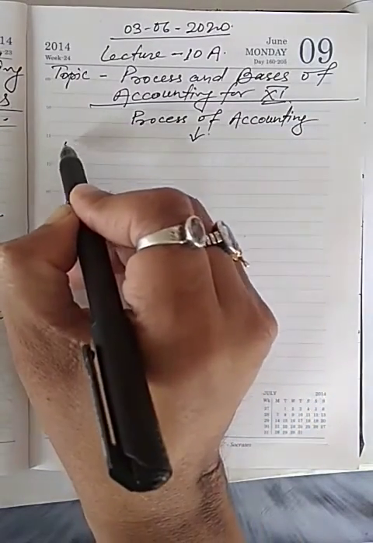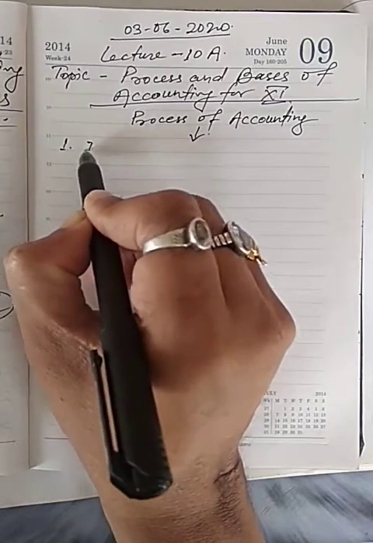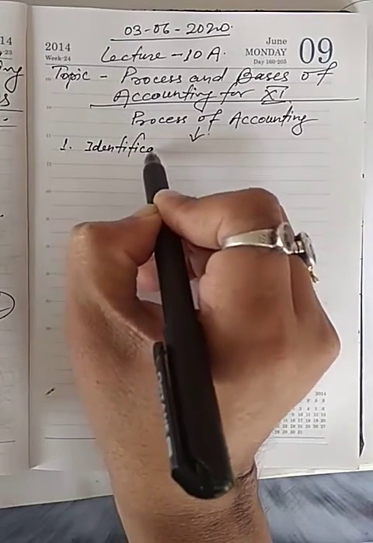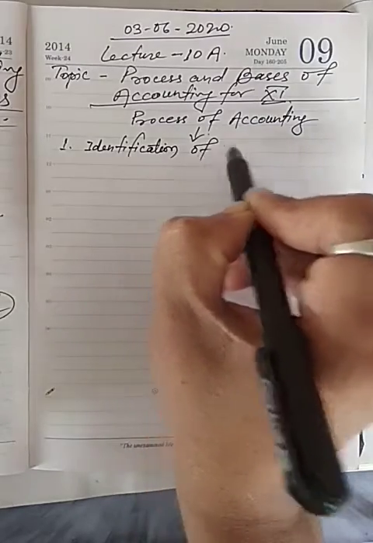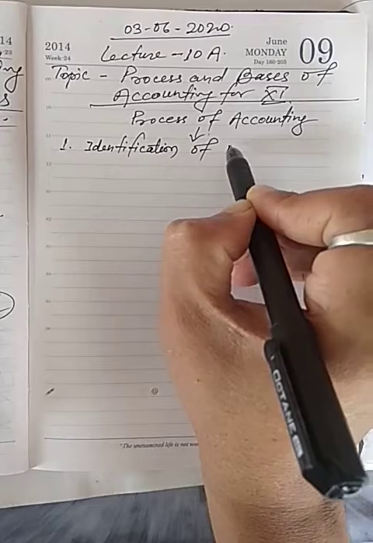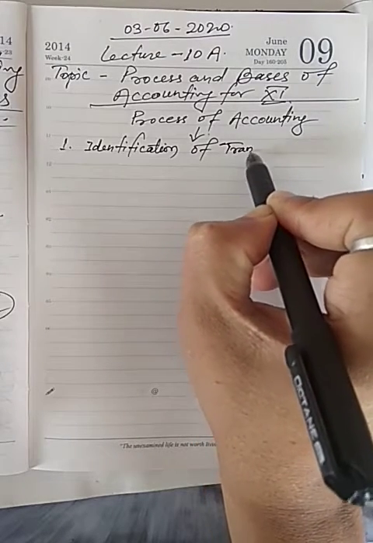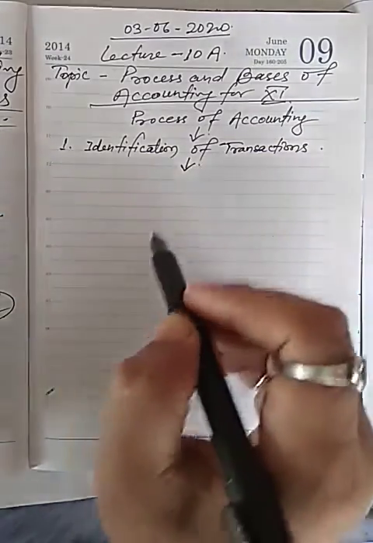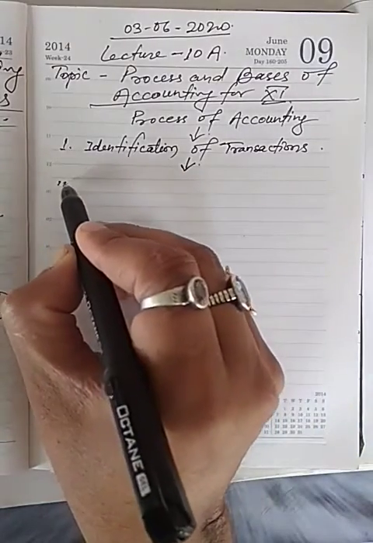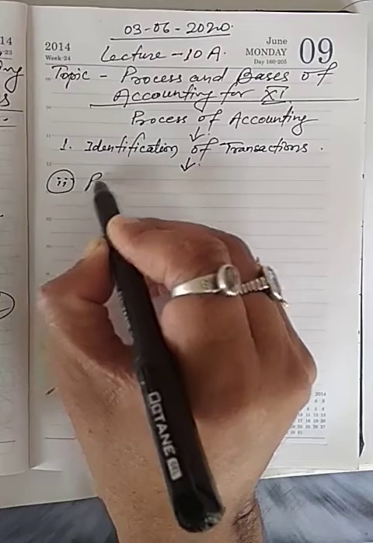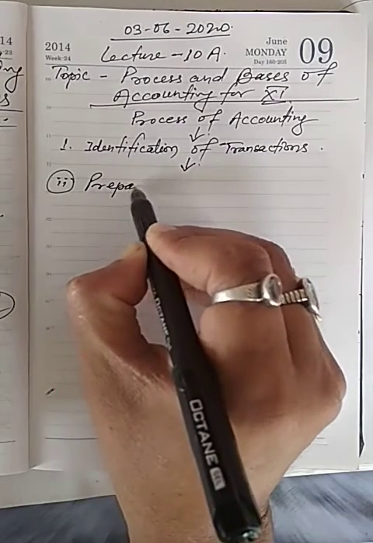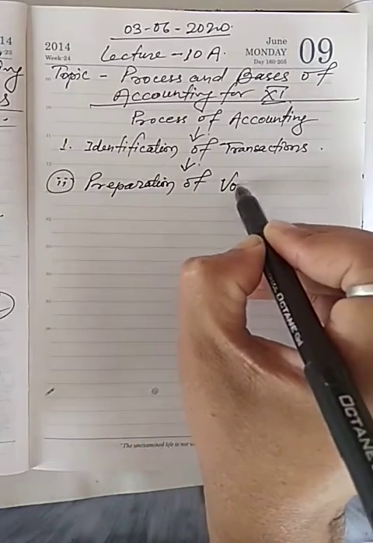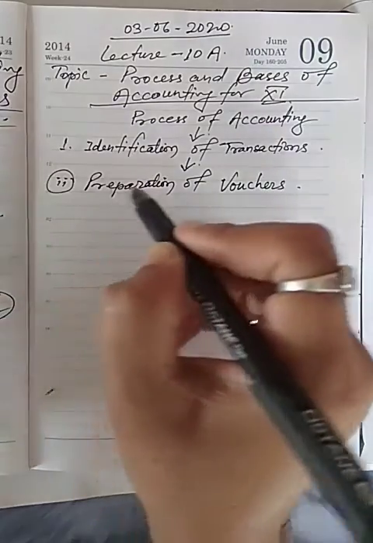First step is identification of transactions. Second step is preparation of vouchers.